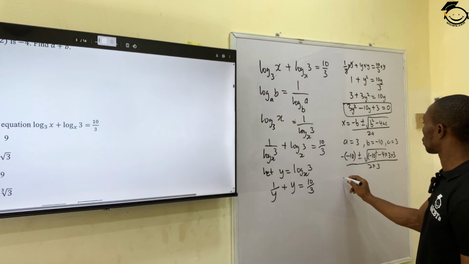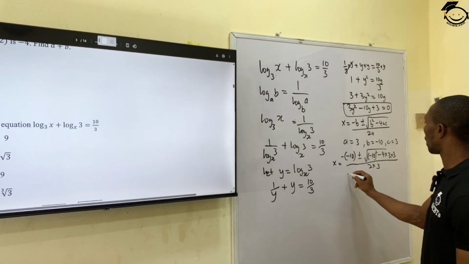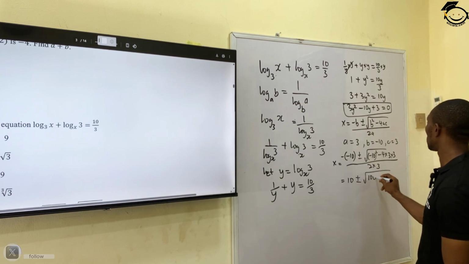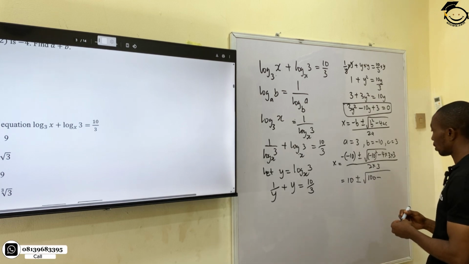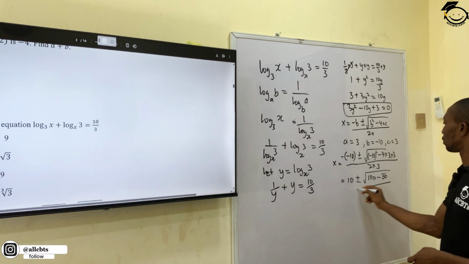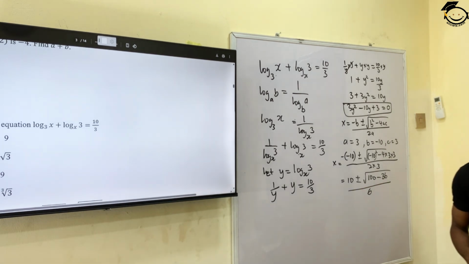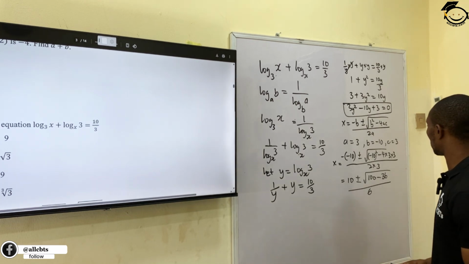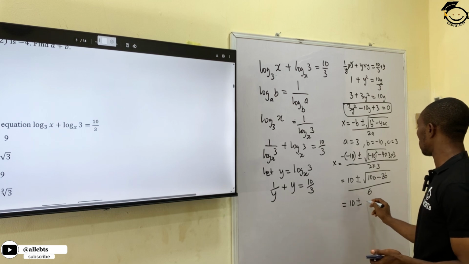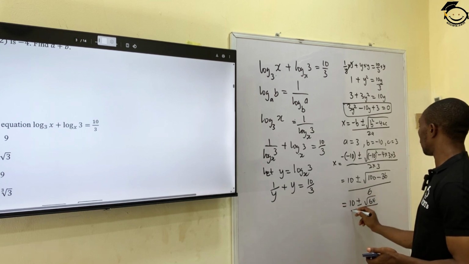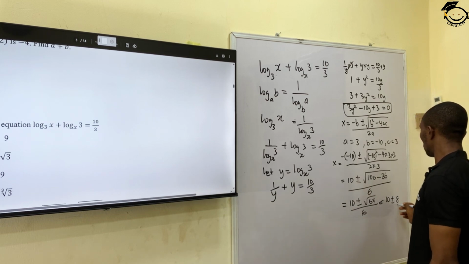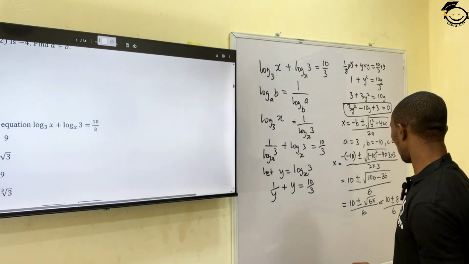This will give us 10 plus or minus root 100 minus 4 times 3, 12, 12 times 3, 36, all over 6. So 100 minus 36 will give us 64. So this will leave us with 10 plus or minus root 64 over 6, which is 10 plus or minus 8 over 6.